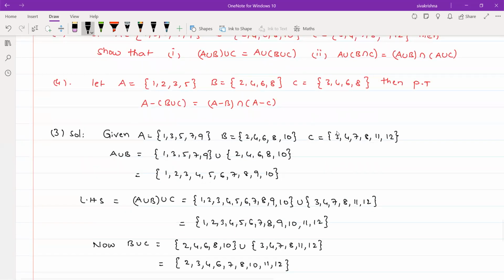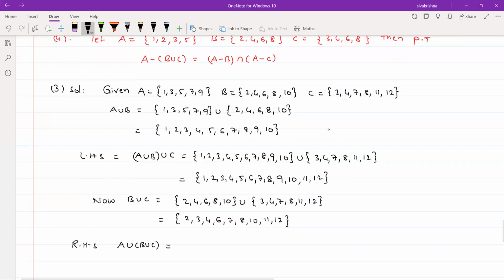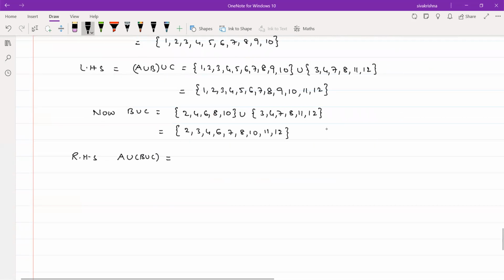So in the first bit, the RHS is A union of B union C. This is equal to, once again we have to write the set A. So A is nothing but 1, 3, 5, 7, 9 union B union C. B union C is what we just found, so we write that set: 2, 3, 4, 6, 7, 8, 10, 11, 12.